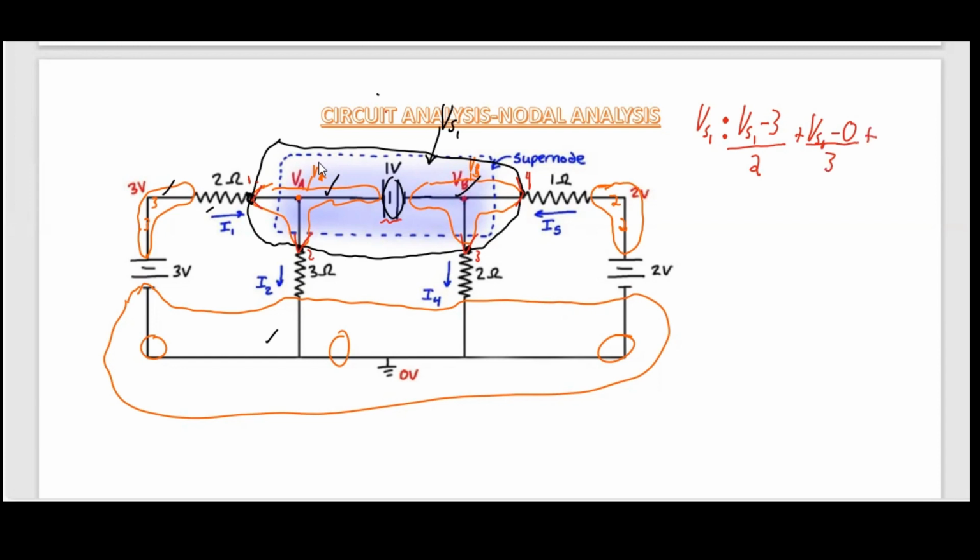Plus number 3, we are coming from VS1 minus where we are going, divided by 2. And the last one, 4, we are coming from VS1 minus we are going to 2, divided by 1. And it is equal to 0. Don't forget that.